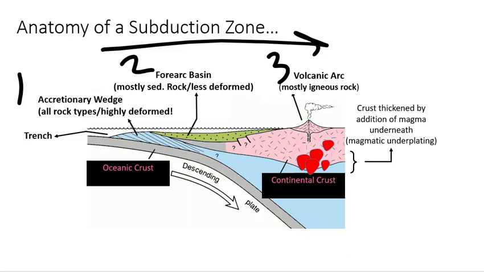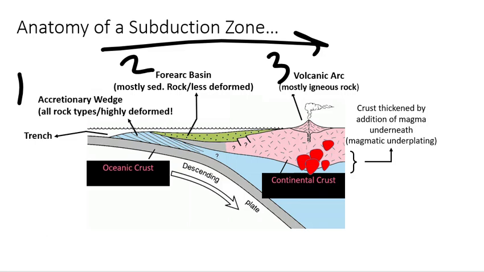And then from here, I'm actually going to jump over to the most inboard portion of the subduction zone. That is the portion closest to the middle of the continent. This is the volcanic arc. You're familiar with volcanic arcs already. And this is an area of intense igneous activity. So we get magmatism, the emplacement of liquid rock at depth, and we get volcanism at the surface.